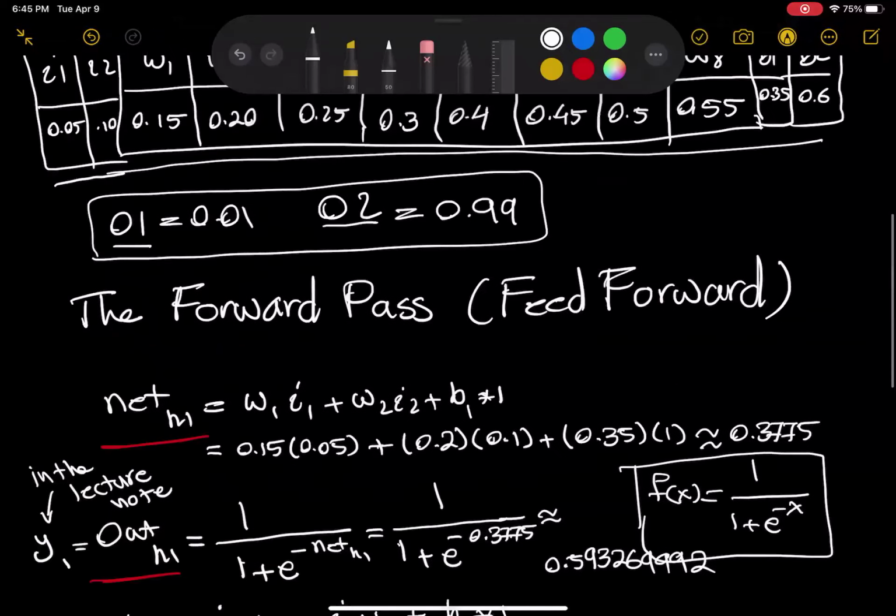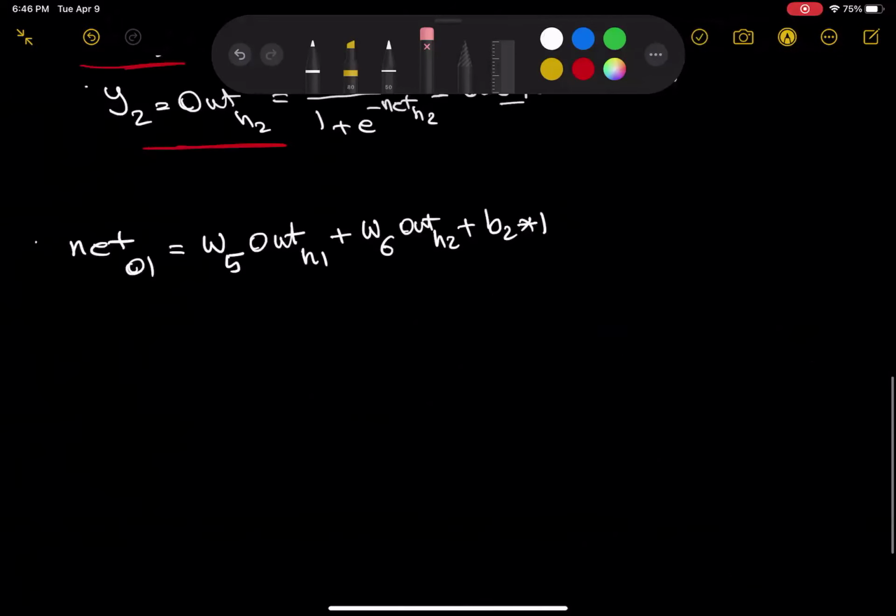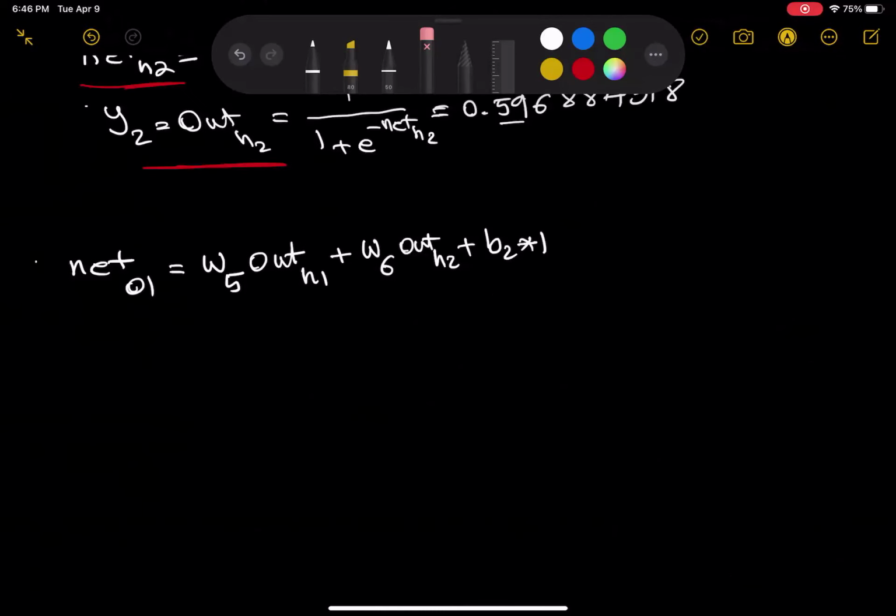Let's look into that. Out of H1 multiplied by W5, and out of H2 multiplied by W6 here, plus its corresponding bias, which is B2 here. Okay? Are we good? Everybody clear? Okay.